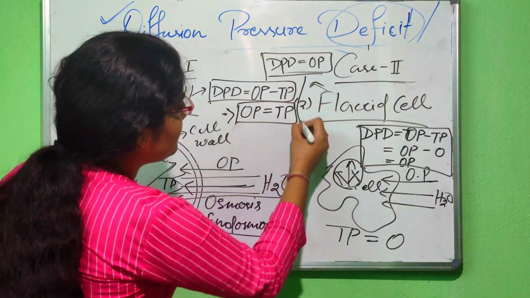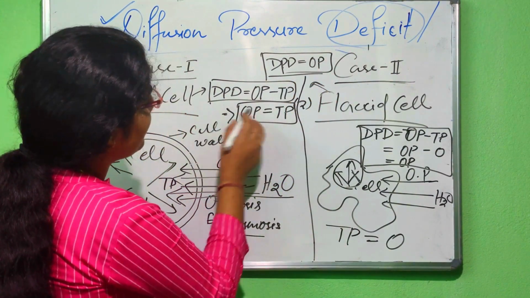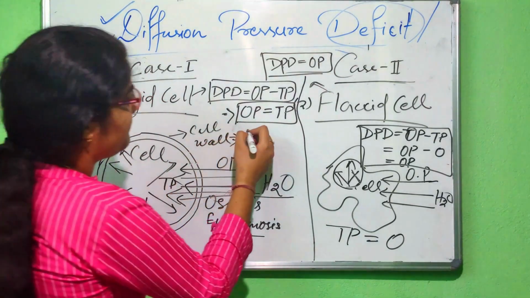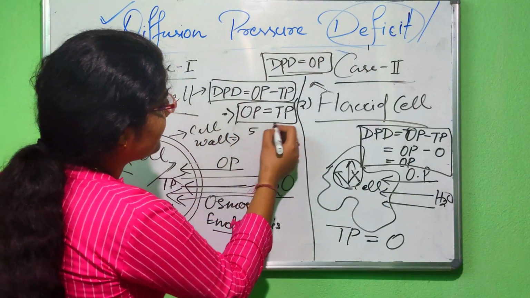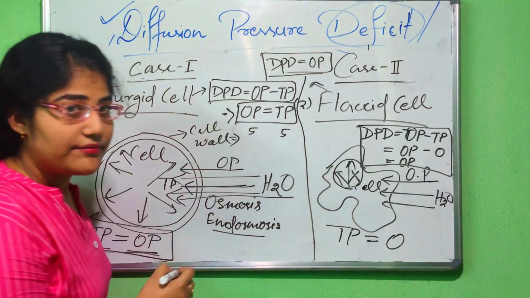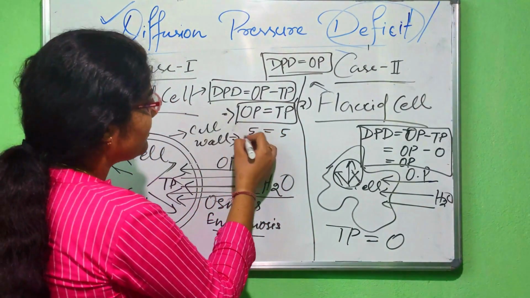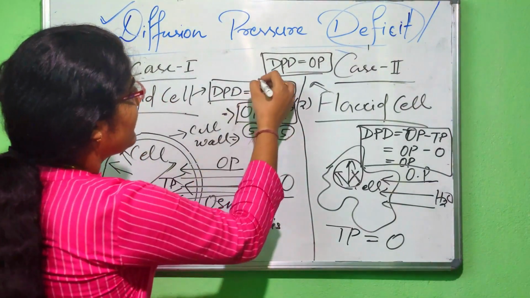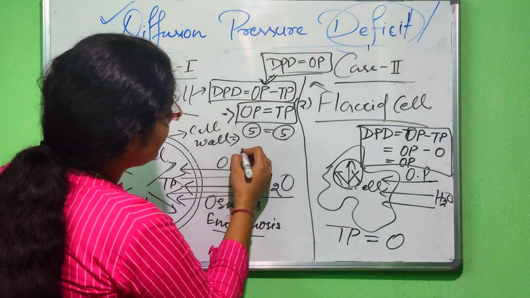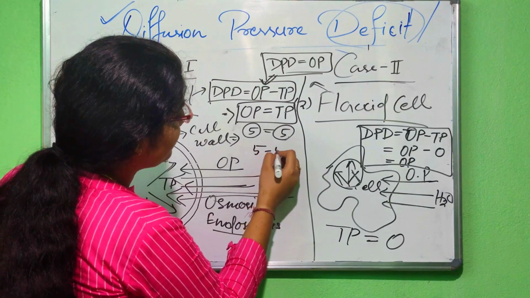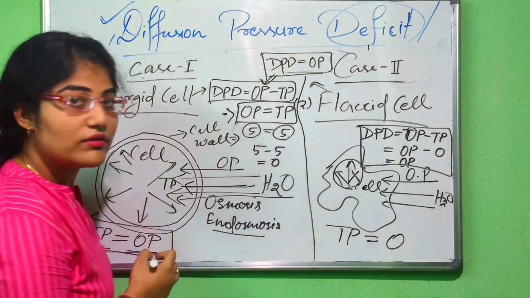Then come to here. Suppose OP is equal to 5 and TP is also 5. We know that OP is equal to TP. If I put it in the formula, DPD is equal to what? 5 minus 5 is equal to 0.